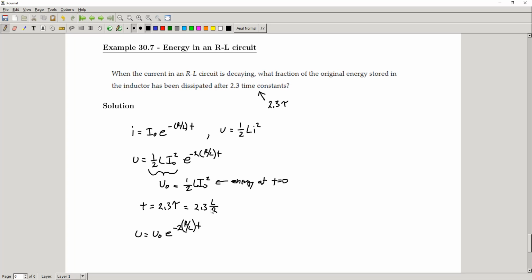If we now substitute in our t value of 2.3 tau, which is really 2.3 L over R, we can see that the L over R is going to cancel with the R over L, and we're just going to have 2 times 2.3. So U at 2.3 tau is equal to U naught e to the minus 2 times 2.3. This is just U naught e to the minus 4.6.